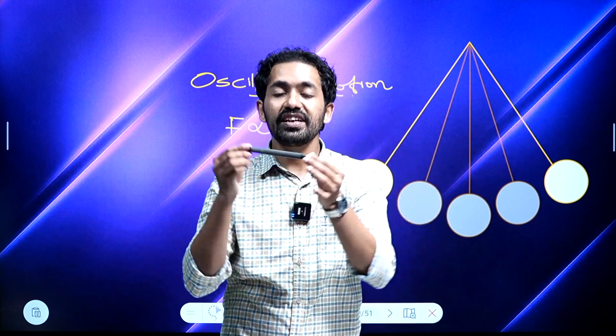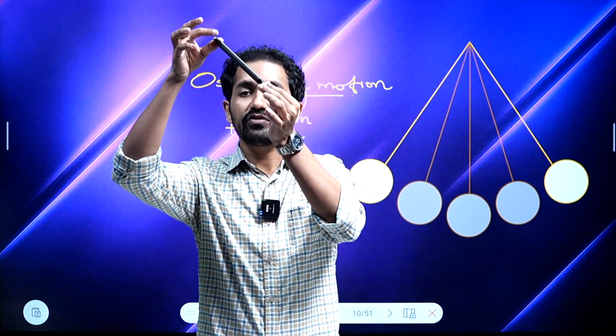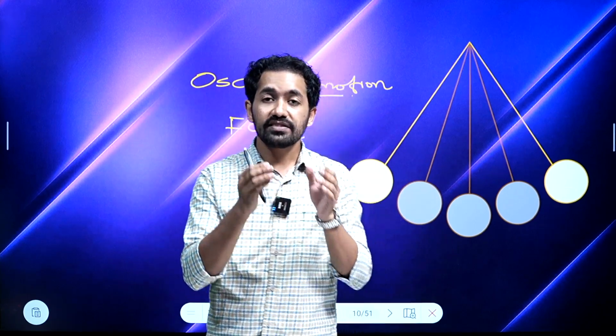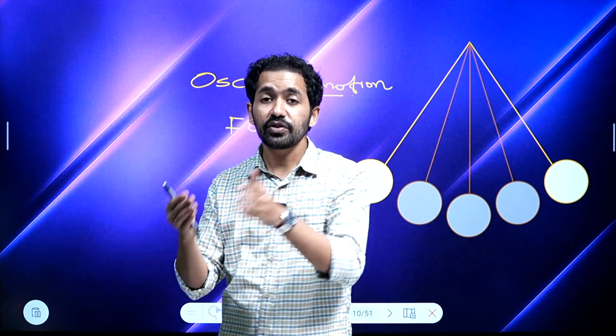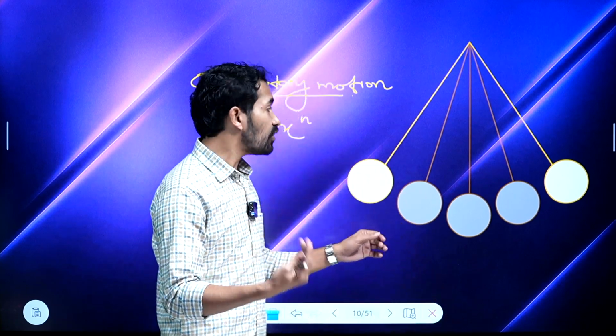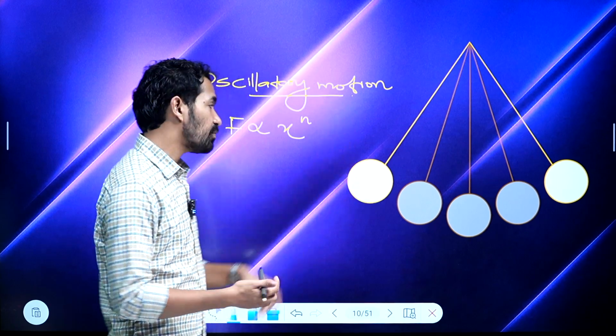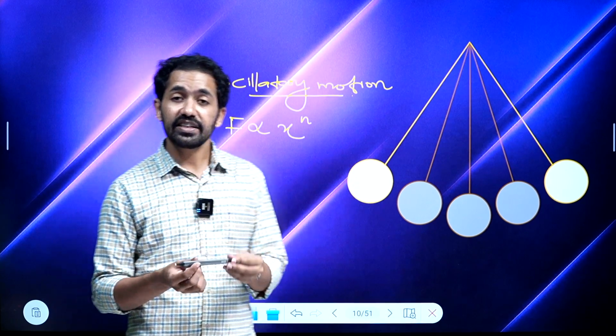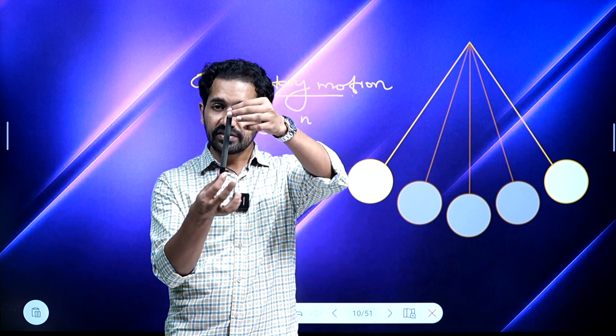So as you increase the displacement, the restoring force also increases, and it is directly proportional to the nth power of the displacement for oscillatory motion. Since the direction is opposite, you are pulling this away.